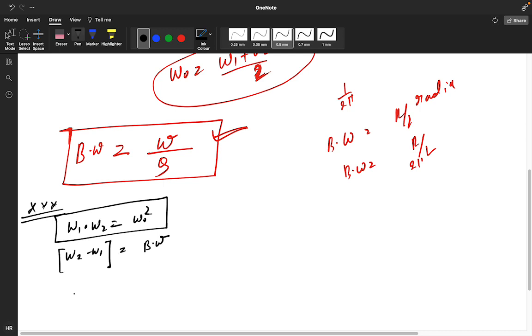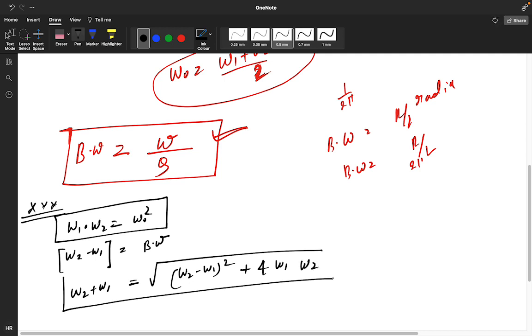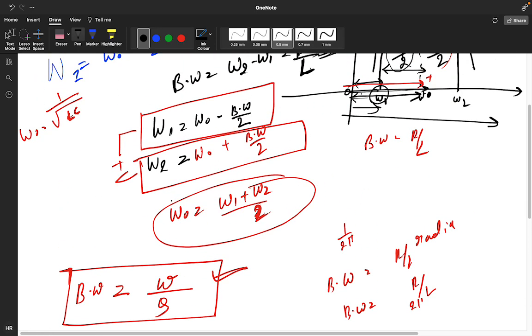And omega 2 plus omega 1 is root under omega 2 minus omega 1 the whole square plus 4 omega 1 omega 2. If you don't remember this formula, it's also fine, but you need to remember the earlier formula.